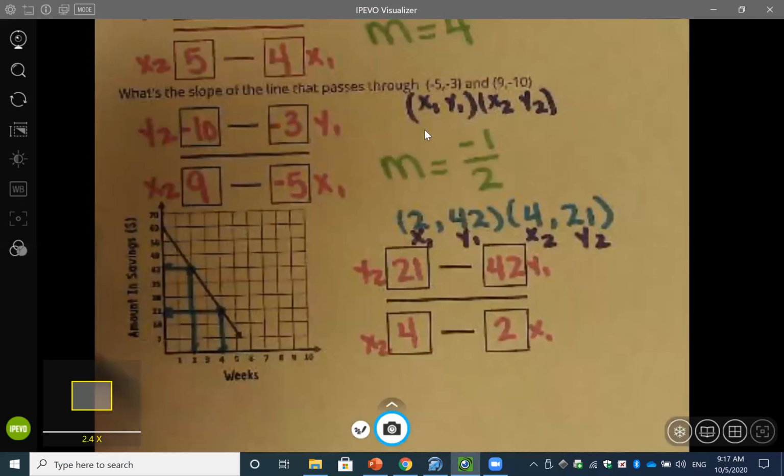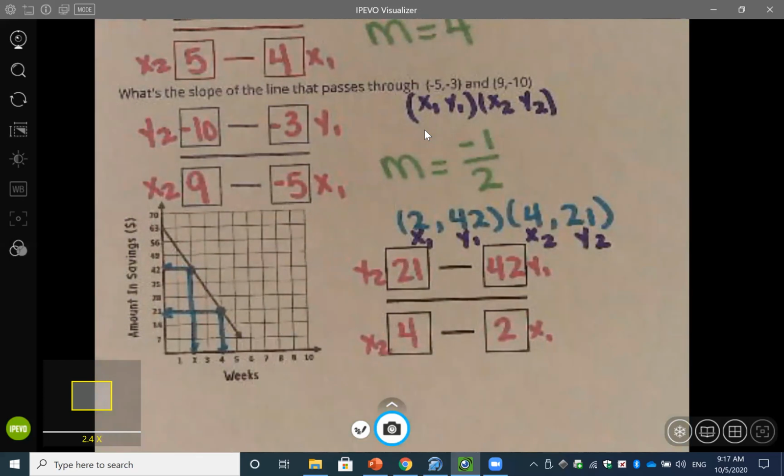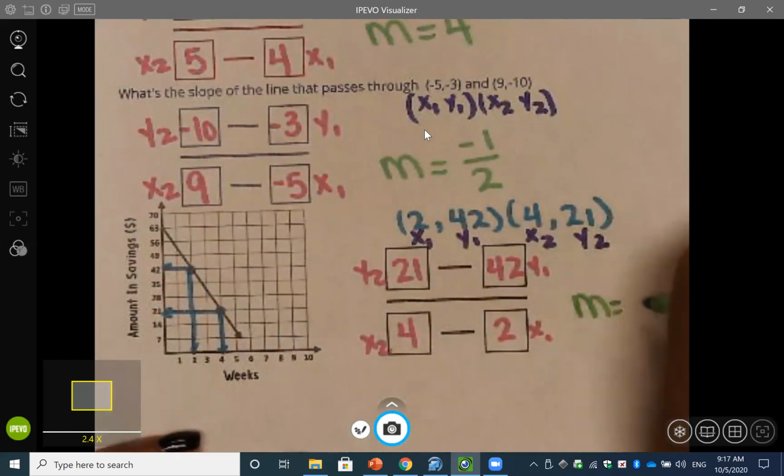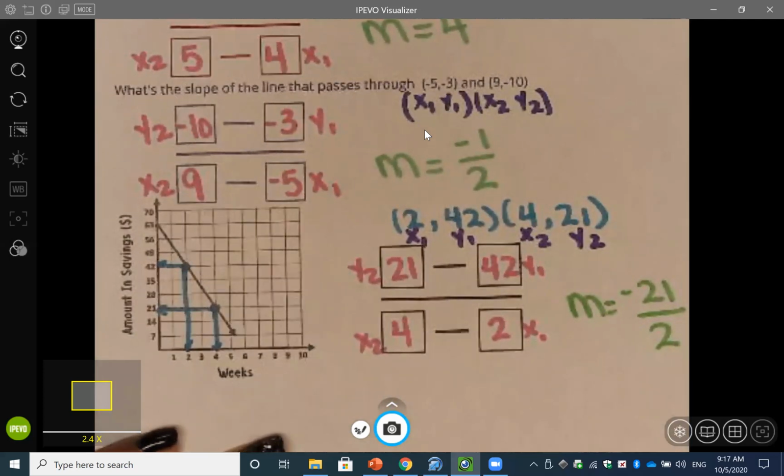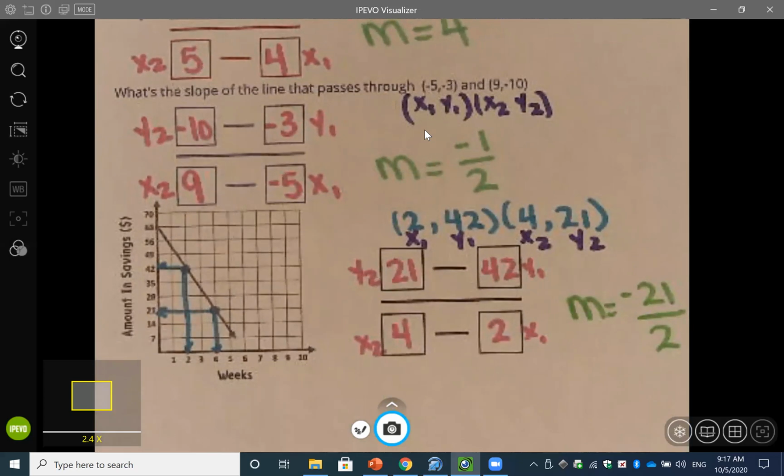So our slope is negative 21 over 2. So again, when it comes to graphs, it's completely at your comfort level. If you can count rise over run and know to always pay attention to the scale and which way the line is going, then good. If not, then find your 2 points and then label and plug it in.